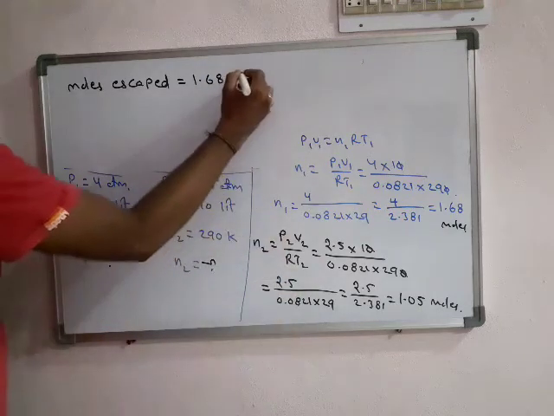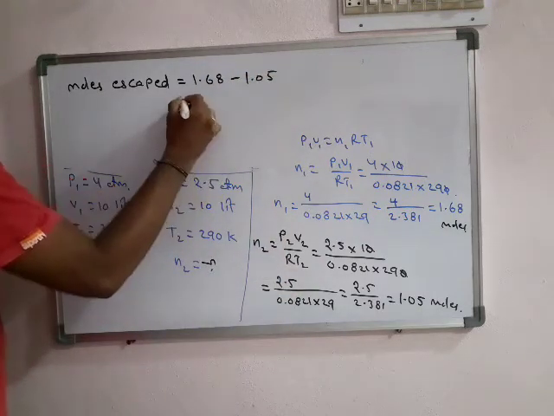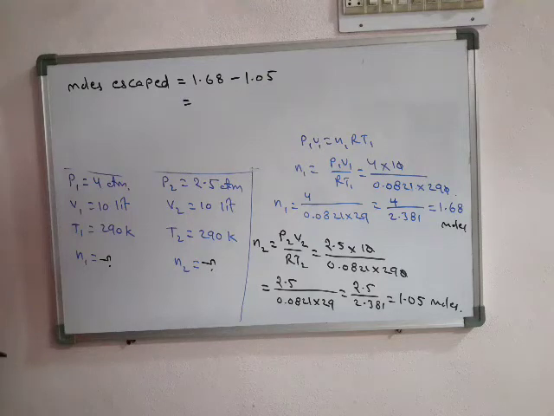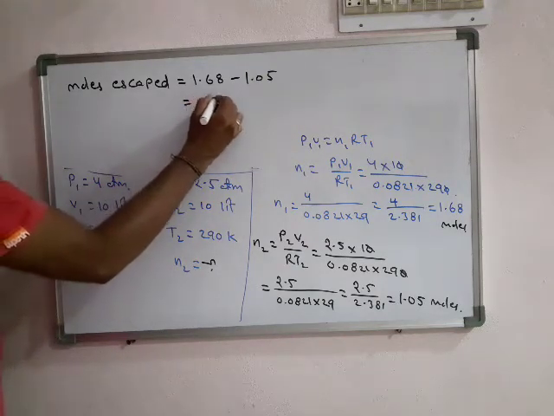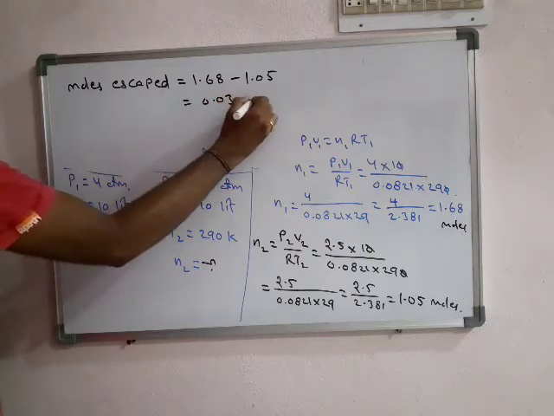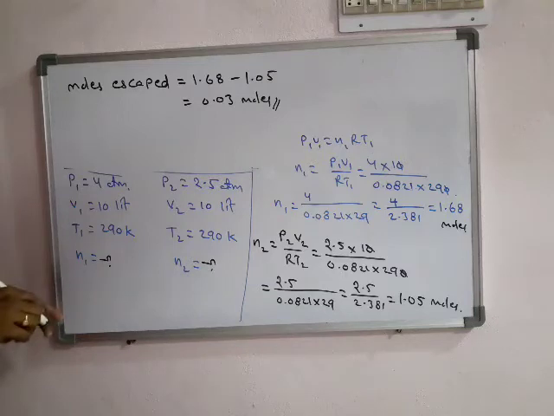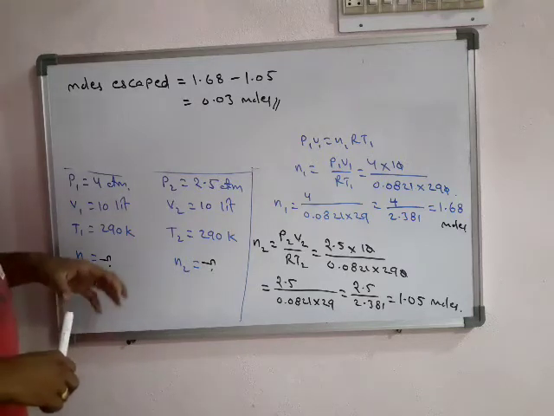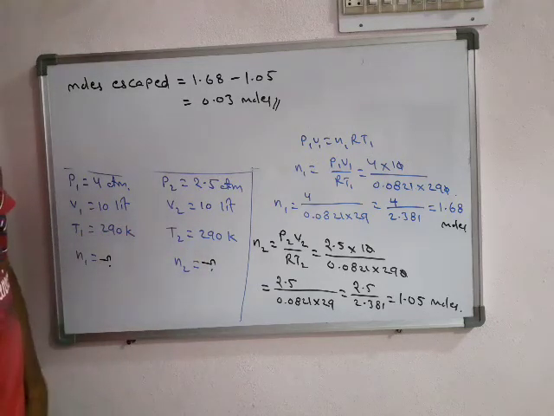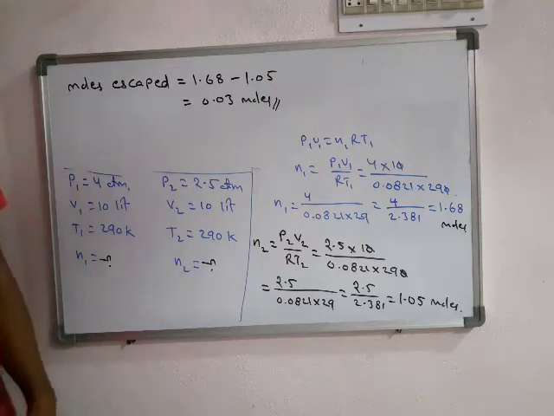So finally it is remaining how much? 1.04. So how many are escaped now? That is 0.063. So this much of gas is remaining after the repairing of the cylinder.